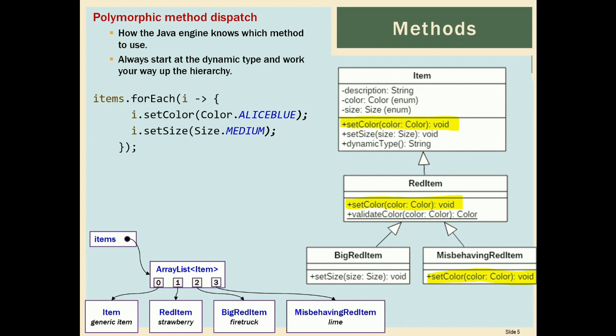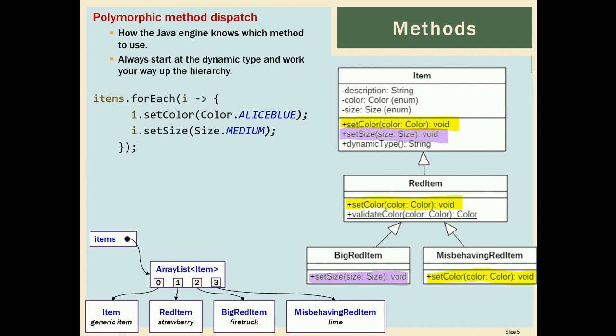Also, you'll notice that there's a setSize method in the superclass, and there's also a setSize method in the big red item. So we will look at these breakdowns of where these methods are found as we iterate through our collection.